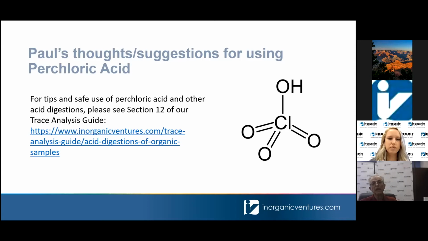Another way of doing it is to add sulfuric acid and heat your sample until it will dehydrate. Then once you've heated with sulfuric, you can go on and add your nitric acid, and then heat with perchloric and bring it up to fumes, and it will take just about anything in solution. Thanks, Autumn. Great, thank you so much, Paul.